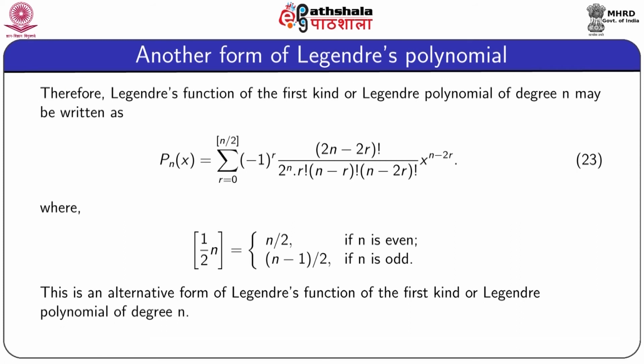Hence, the Legendre's function of first kind or Legendre's polynomial of degree n can be written in a more simplified form given in equation 26, which is P_n(x) equal to summation r equal to 0 to [n/2] in a box, (-1)^r (2n - 2r)! divided by 2^n r! (n - r)! (n - 2r)! into x^(n - 2r), where [n/2] in the box means it will be taken as n/2 if n is even and (n - 1)/2 if n is odd.